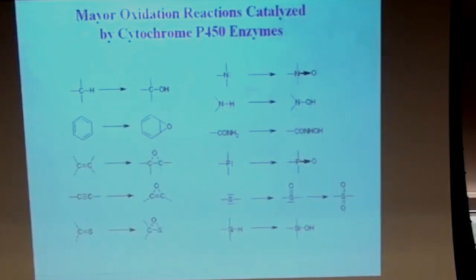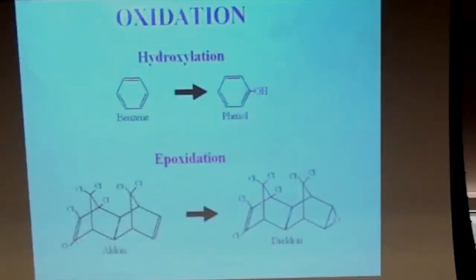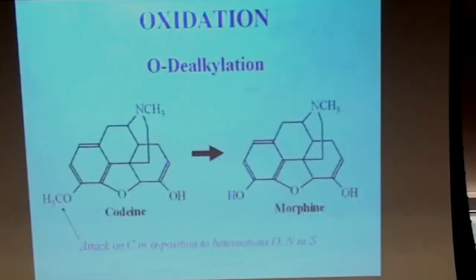And here's a few examples of this. You've already seen this. Oxidation of an aromatic ring to a phenol. Epoxidation here on a double bond in aldrin. And what P450 is also really good at doing, and this is important, is O and N dealkylation. So P450 likes to oxidize in alpha position to heteroatoms.